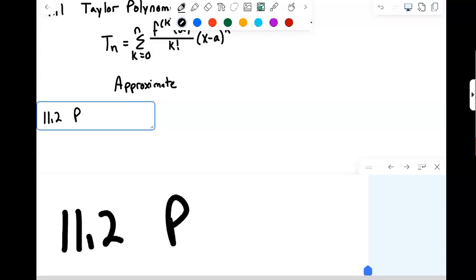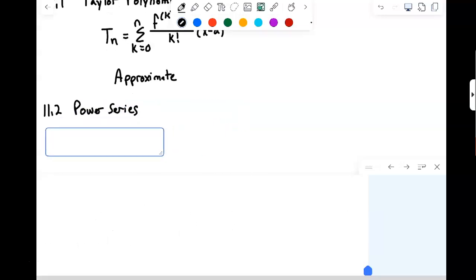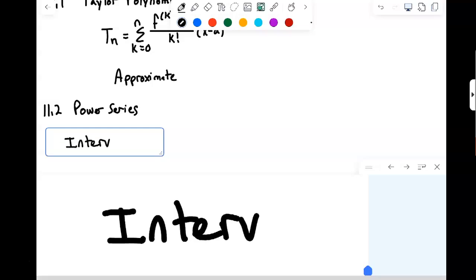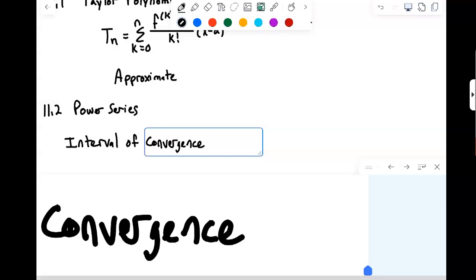11.2, we talked about power series. The big thing with power series that I'm worried about on the test is just given a power series, find the interval of convergence. And we did a lot of other stuff in 11.2, but I won't be directly testing that.